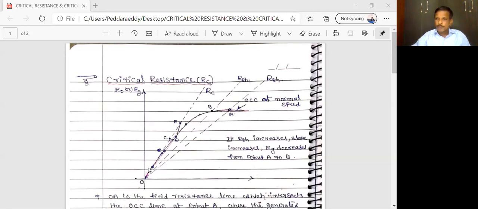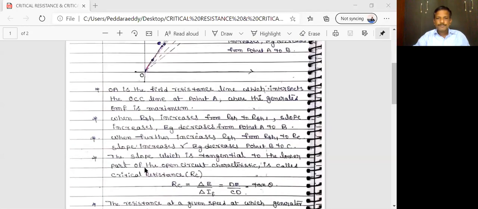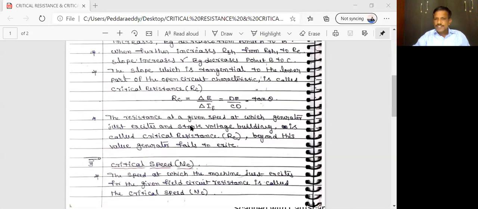Okay, so now coming to the definition, the resistance at a given speed. So remember, speed must be constant. If speed changes, all values will change. So the resistance at a given speed at which the generator just excites and starts voltage building; 0 to 10 or 15 volts means it just starts to generate EMF.